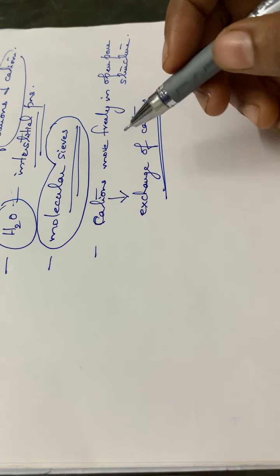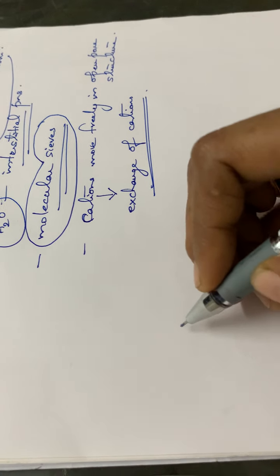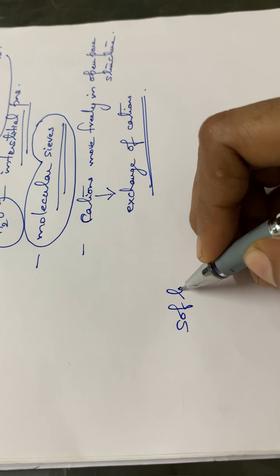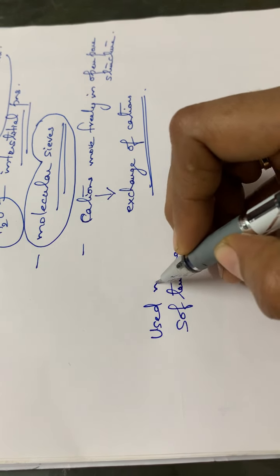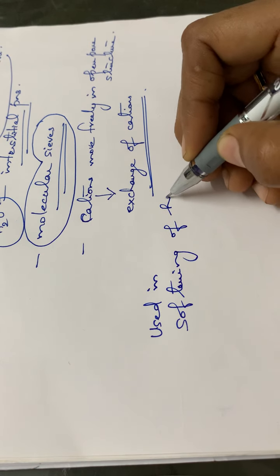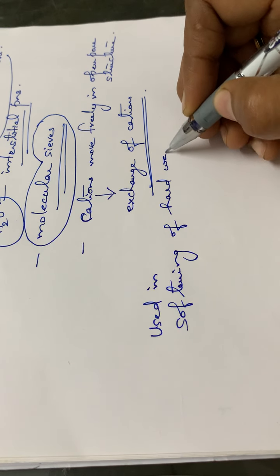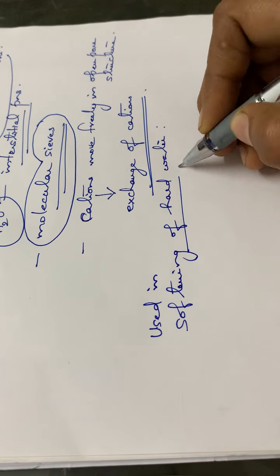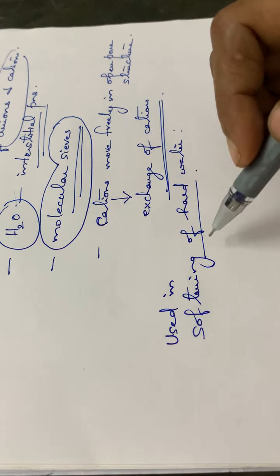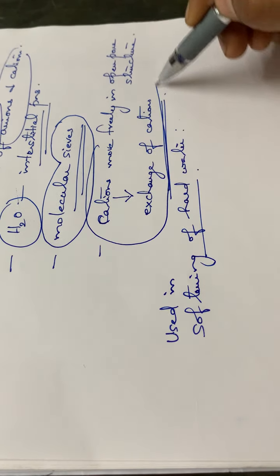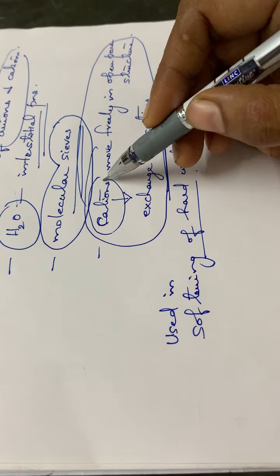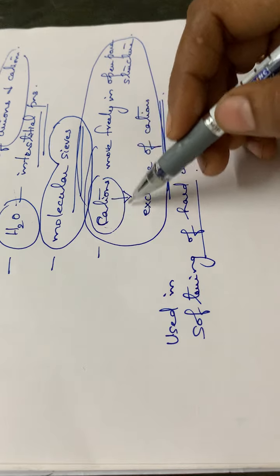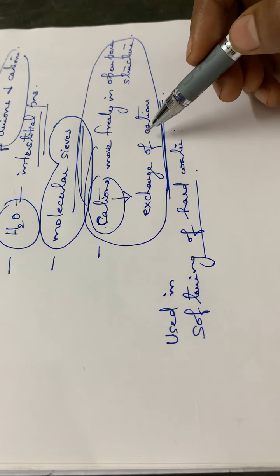Normally zeolites are used in softening of hard water. The principle behind this is that the cations move freely, and instead of a particular cation, we can replace the cations present in the zeolites with some other cations.